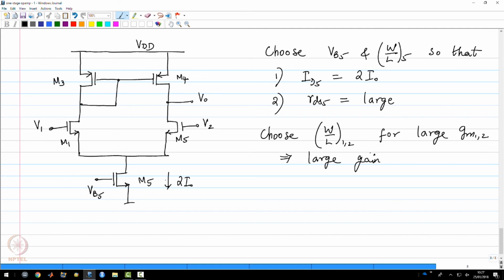And how do we choose M3 and M4? We choose M3 and M4 for large RDS34. And just a reminder, we also need large RDS12 for large gain.